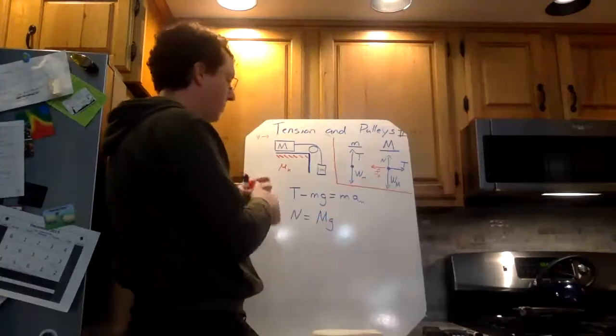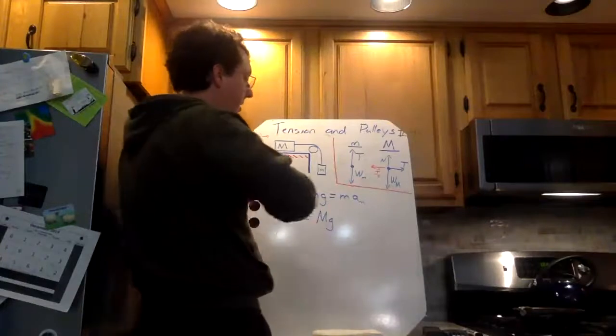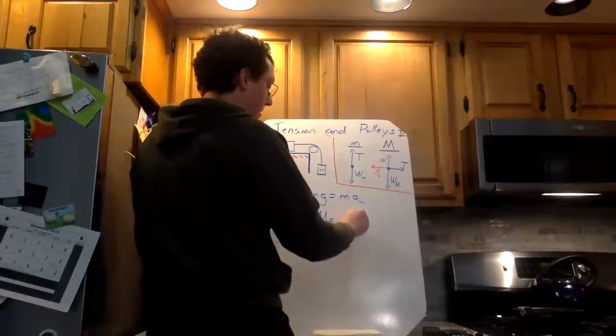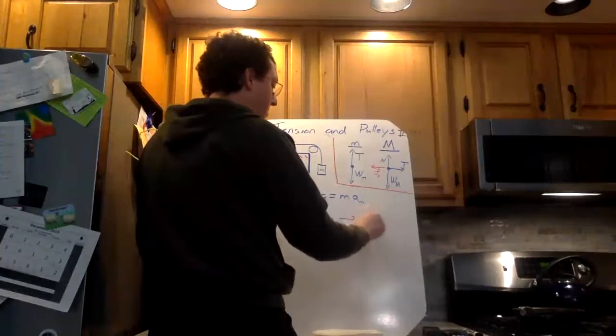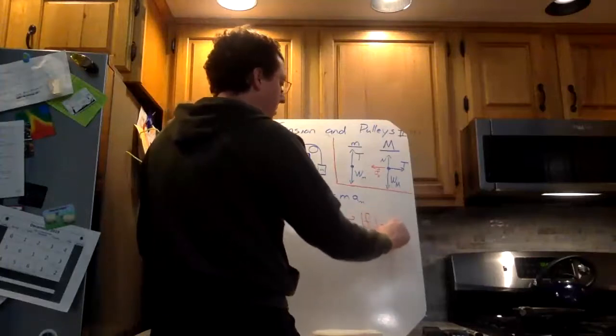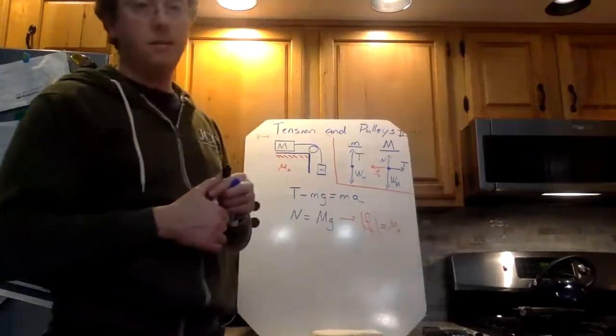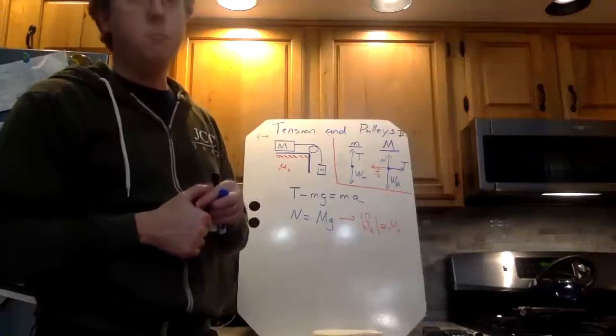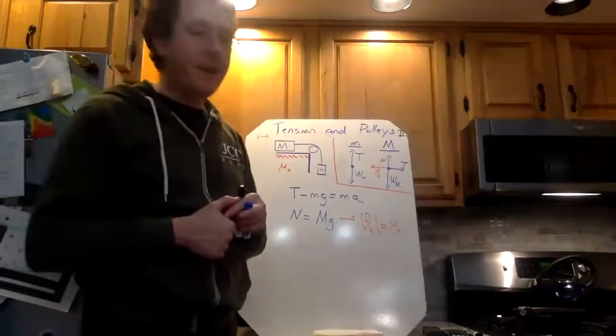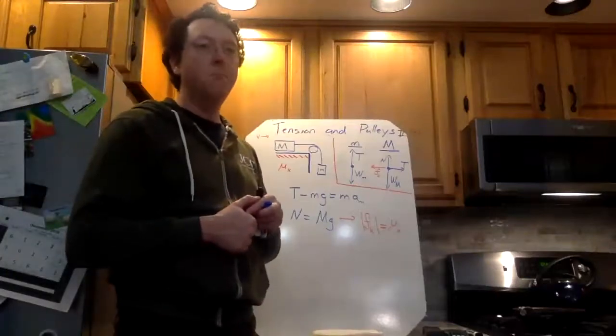And the thing that's really useful about that is then I can immediately say that the friction force will have a magnitude equal to mu sub k. Say it with me now. Mu sub k. It's never, ever, ever mu sub k.